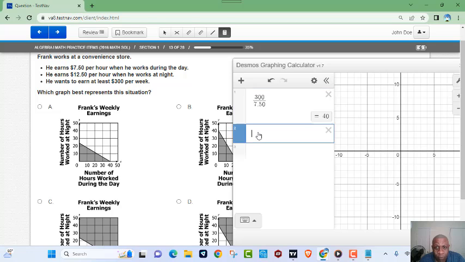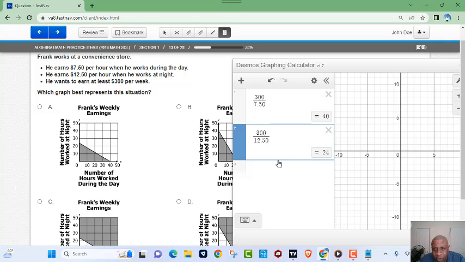So what if he only worked night hours? 300 divided by the $12.50 that he earns, he'd only have to work 24 hours. So in order for him to earn a minimum of $300 per week, if he only worked day hours, he would do 40 hours or more. And if he only worked night hours, he would have to do 24 or more.